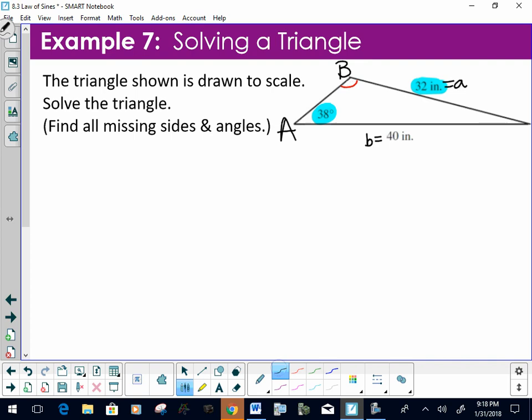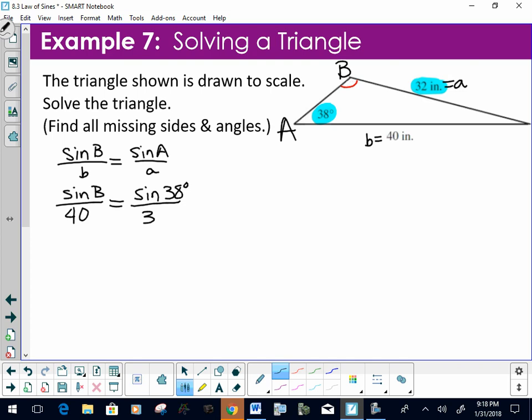So if I'm setting up my law of sines, I would start with that angle B that I'm trying to find. It's going to be divided by side B. And the ones that I know that are going to be helping me out today are my A's, sine A over A. If we substitute in the values that we know, side B is 40 inches, angle A is 38 degrees, and side A is 32.